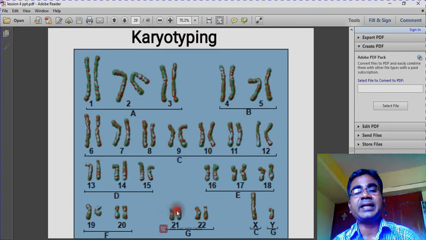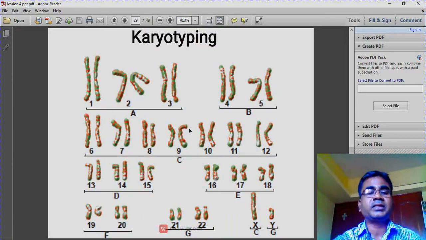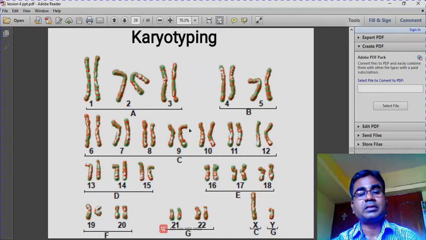By observing the karyotype, we can find out if there are any genetic diseases. If there are, they will be transmitted to the next generation and will affect the child. That is why in other countries they observe the karyotype before marriage. If the karyotype is normal, only then are they allowed to marry.